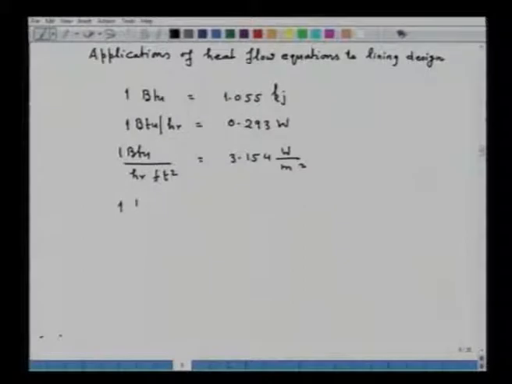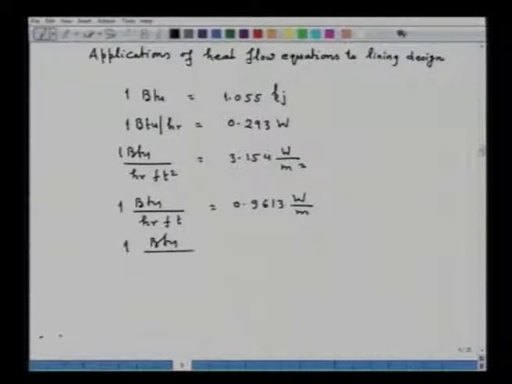Then 1 BTU per hour feet, that is equal to 0.9613 watt per meter. Then 1 BTU per hour feet degree Fahrenheit, that is equal to 1.7307 watt per meter degree Celsius, that is the unit for thermal conductivity.